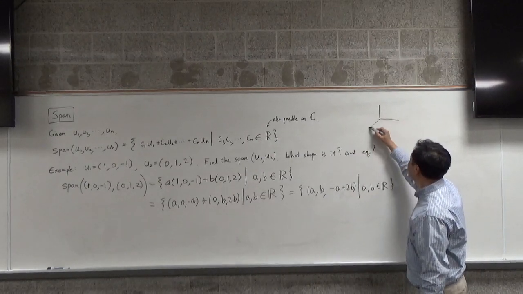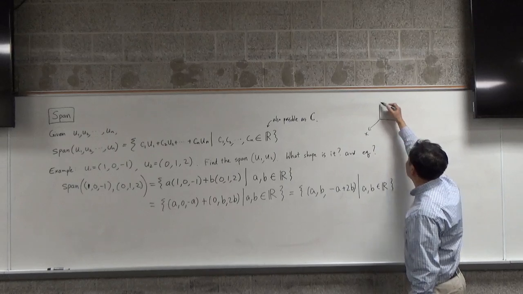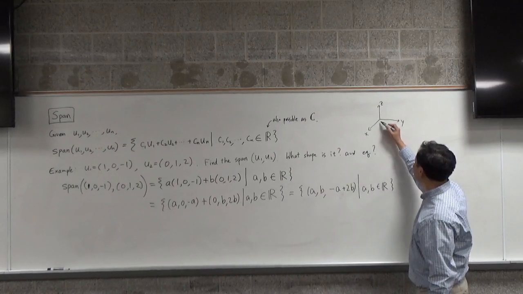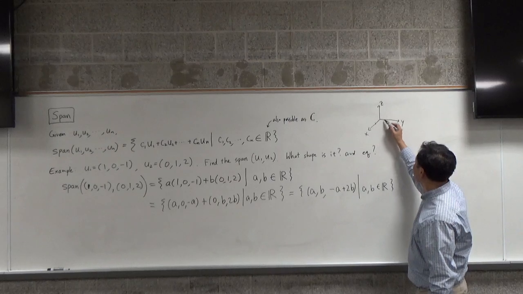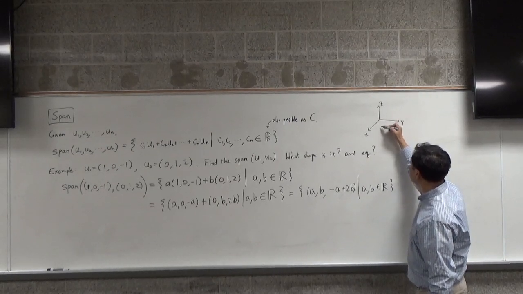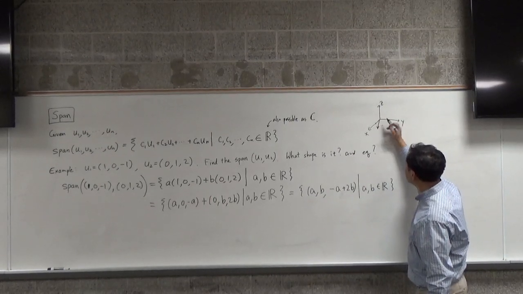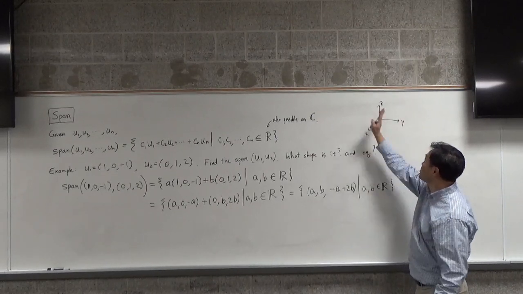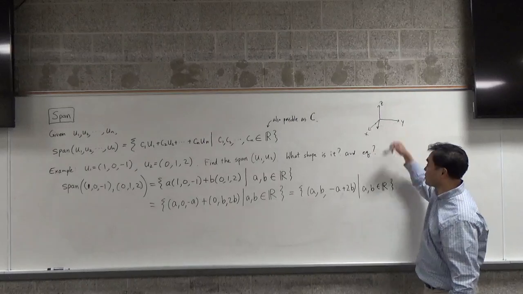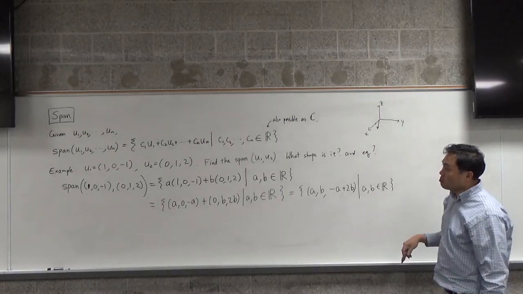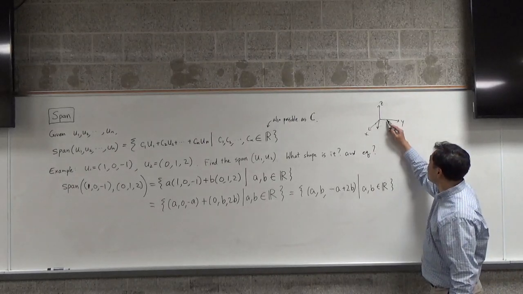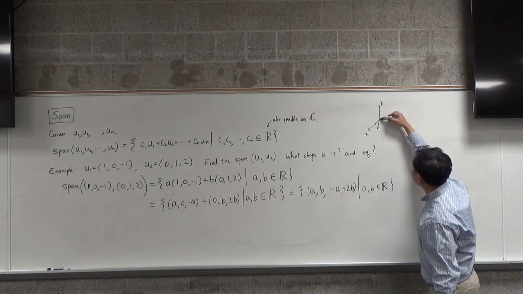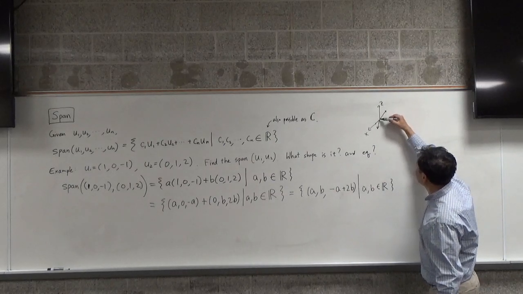You have x, y, and z. (1, 0, -1) is this vector, the first vector, on the xz plane, going that way. And (0, 1, 2) is the second vector, somewhere here. It's longer.